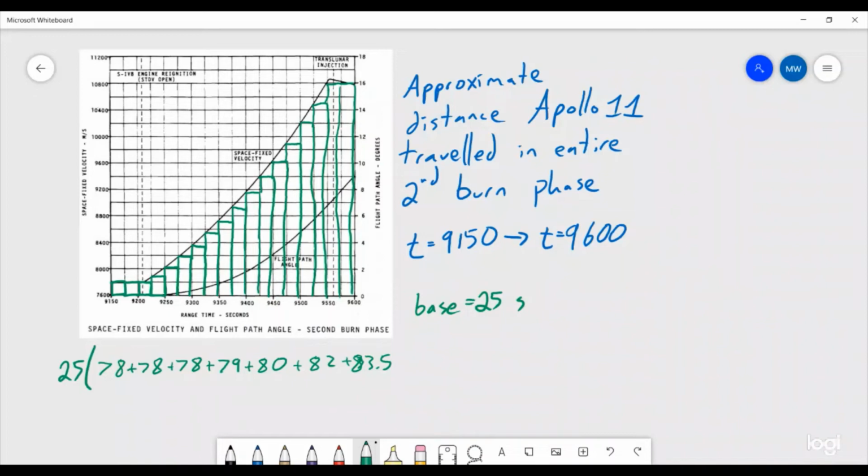Then maybe 85 and a half. Let's see, this one's probably at about 87. Then we got 89. 91 and a half. And we would just continue this on and on and on.